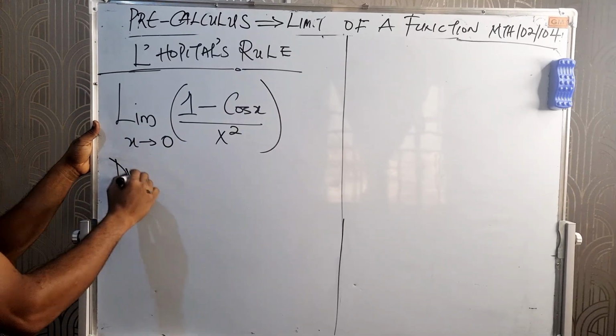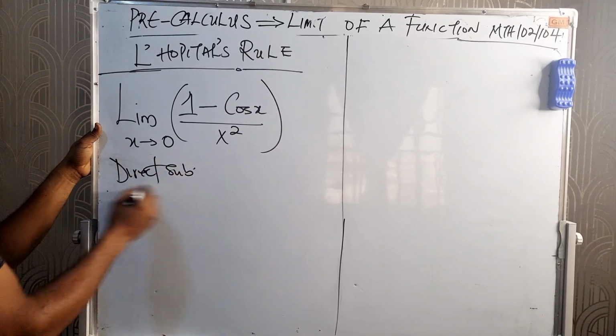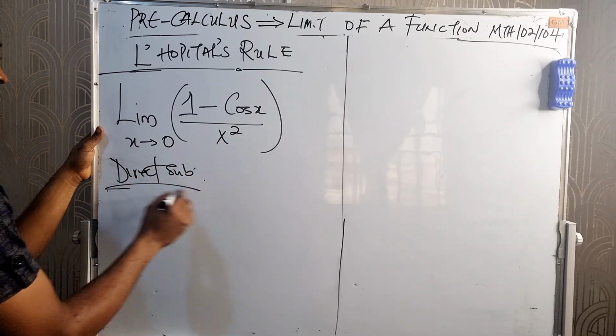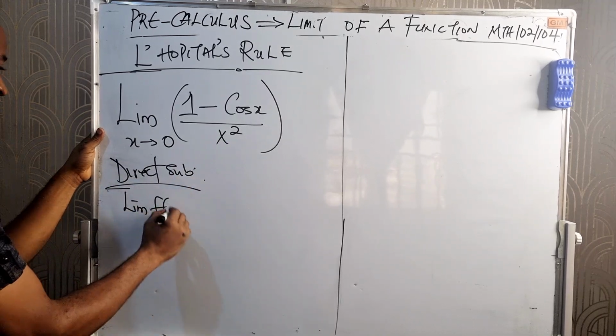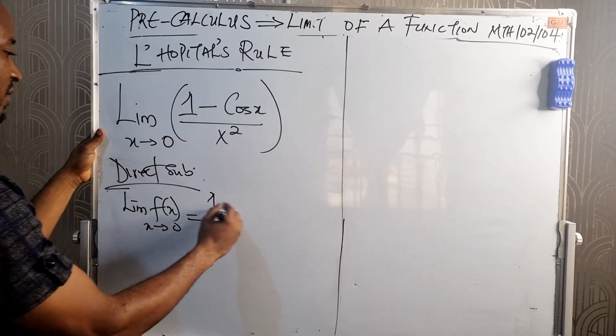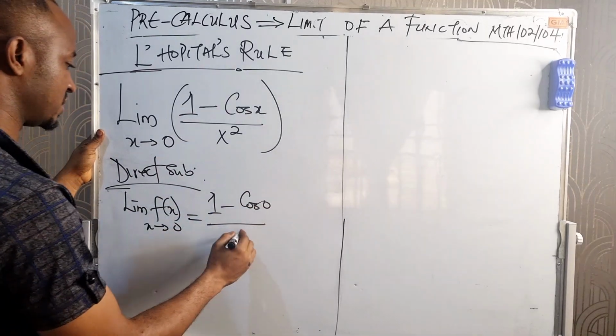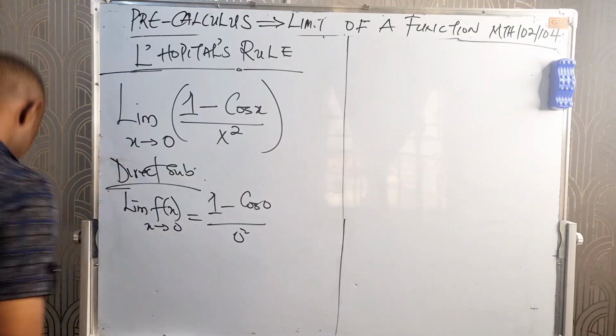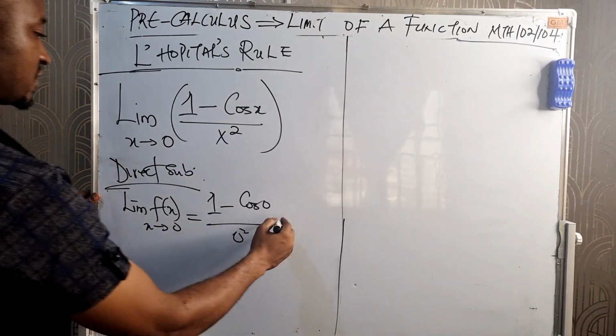Direct substitution will give us the limit of f of x as x is approaching 0 becomes 1 minus cos 0 over 0 squared, right?